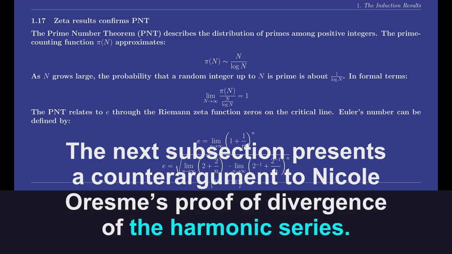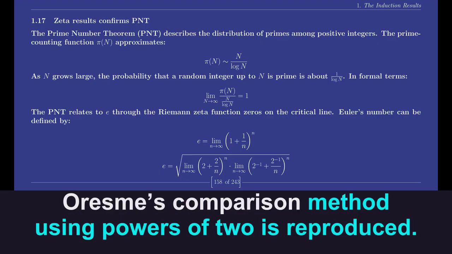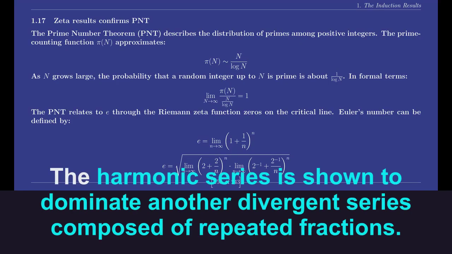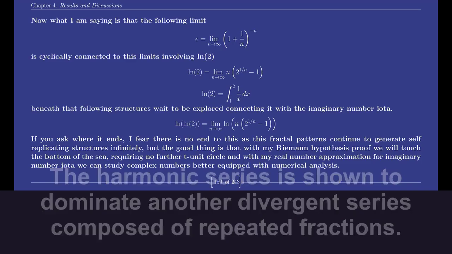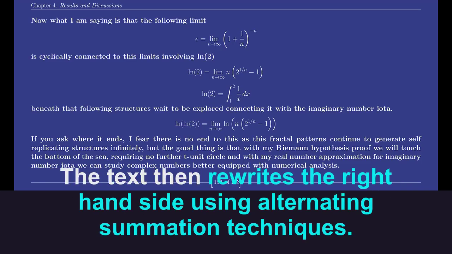The next subsection addresses Landau's fourth problem. The statement claims that there are infinitely many primes of the form n squared plus 1. The proof again uses the prime number theorem as its guiding principle. The average spacing of primes near a large number, n, is taken to be logarithm of n.